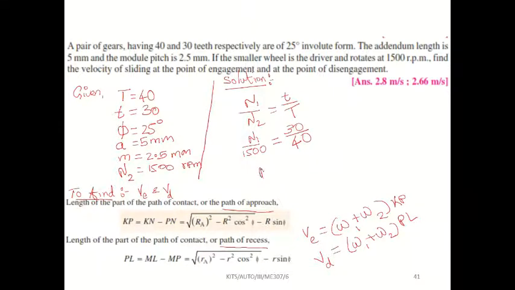So the speed of the wheel, if we calculate, we will get 1125. We got the value 1125.